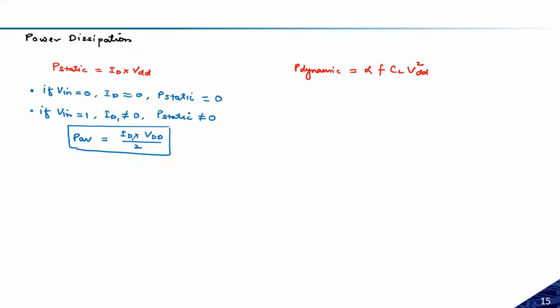We know that CL is fixed. Alpha is the activity factor, that is fine. VDD is fine. But the important thing, the charging and discharging time constant and the maximum frequency, completely depend on the delay, like rise time and fall time.